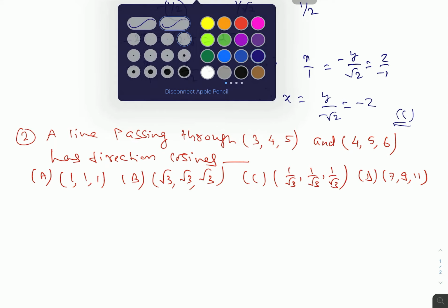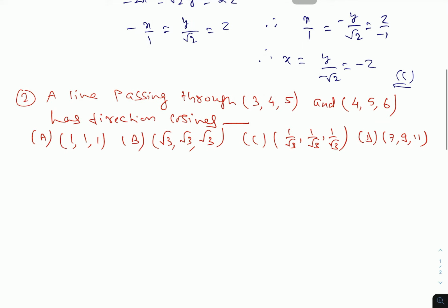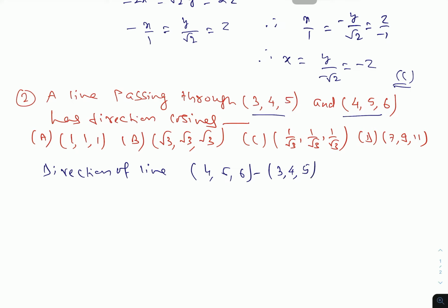Okay, so the line passes through this point and this point. So what is the direction? The direction of the line is (4, 5, 6) minus (3, 4, 5), and so it is 1 1 1.